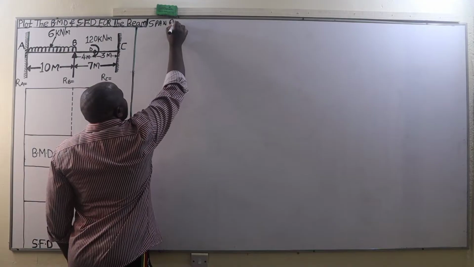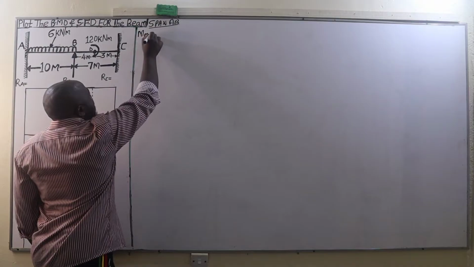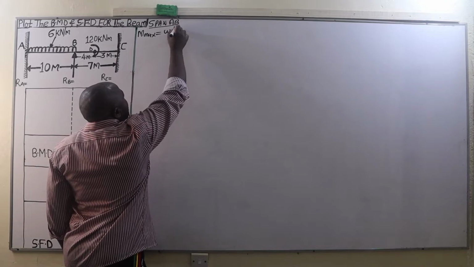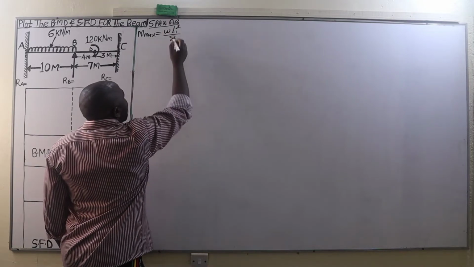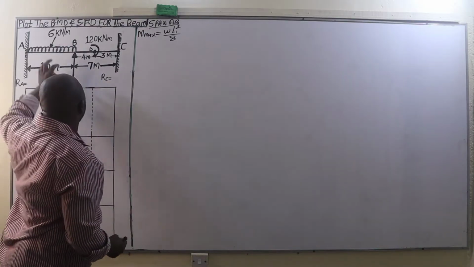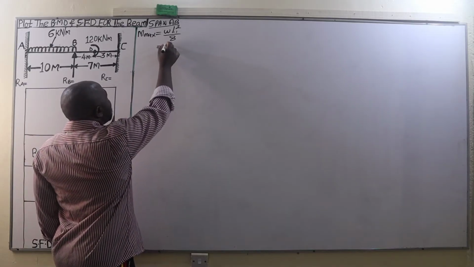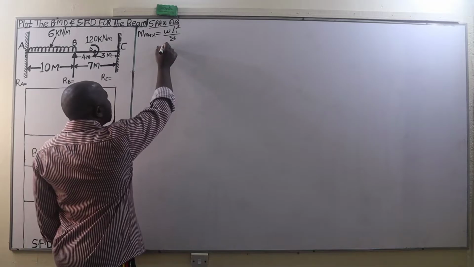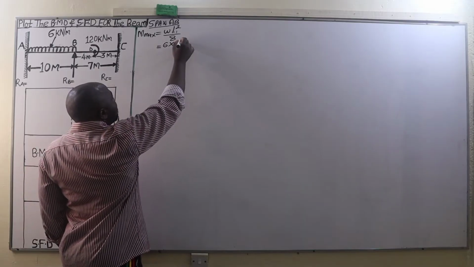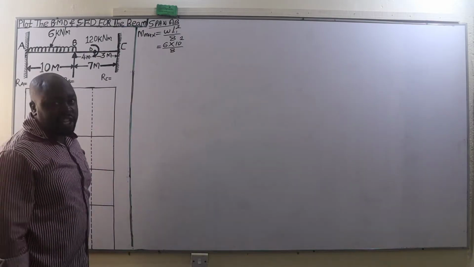For the span AB, the maximum bending moment will be given by the formula WL1 squared divided by 8, since the span AB is loaded with a UDL of 6 kilonewtons per meter. That is 6 kilonewtons per meter, multiplied by the span L1, which is 10, squared, divided by 8.